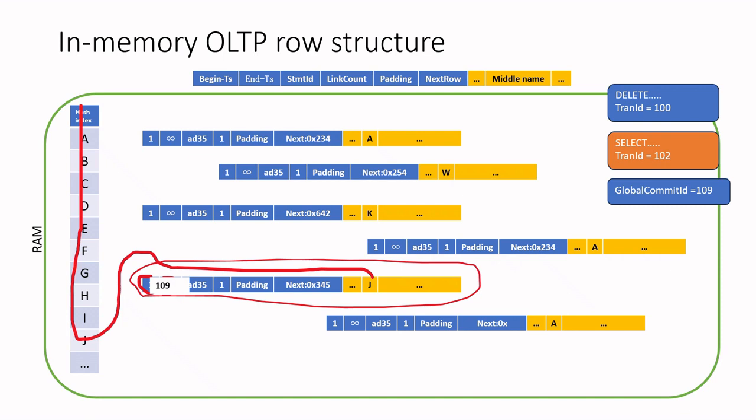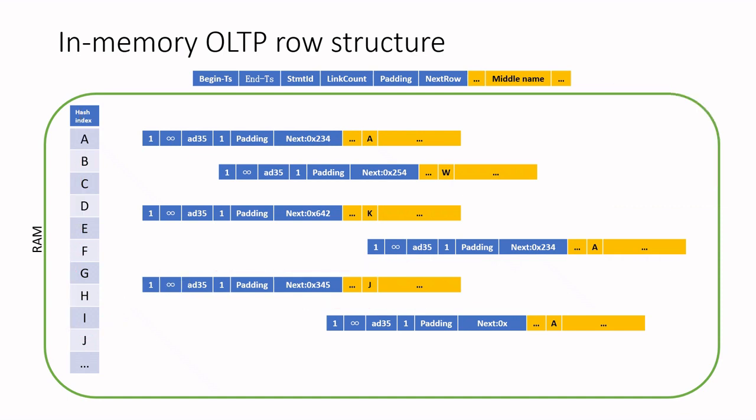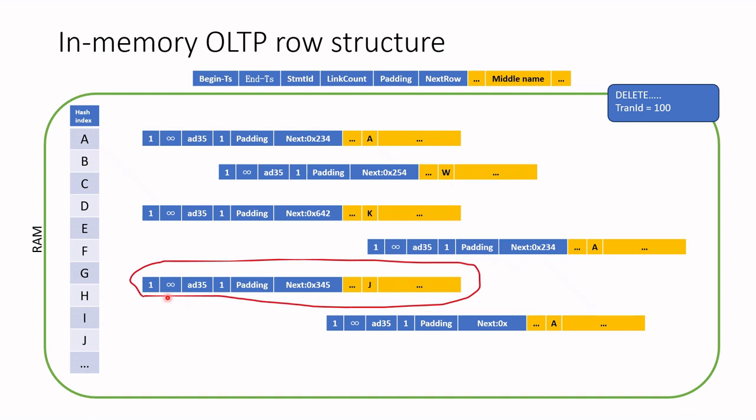Now, let's see what happens if two DML queries are run at the same time. First, delete starts with transaction ID timestamp 100. It locates the row to delete and changes the NTS to 100. In the meantime, another update statement starts and it's trying to update the same row. It locates the row and finds out that NTS value has already been registered here, right? It means another transaction is already doing some kind of change.